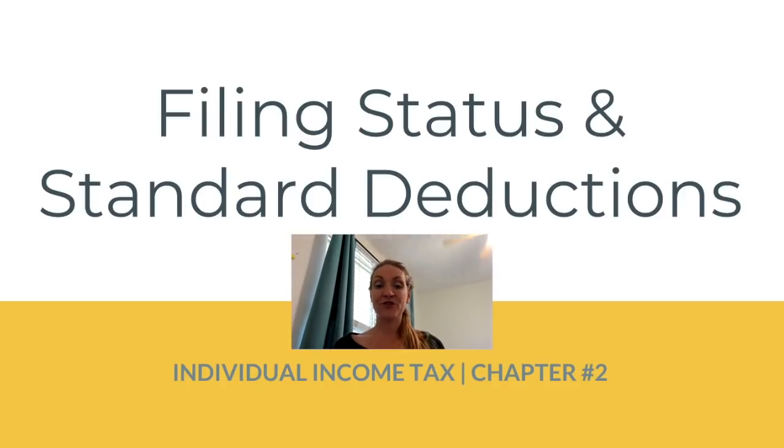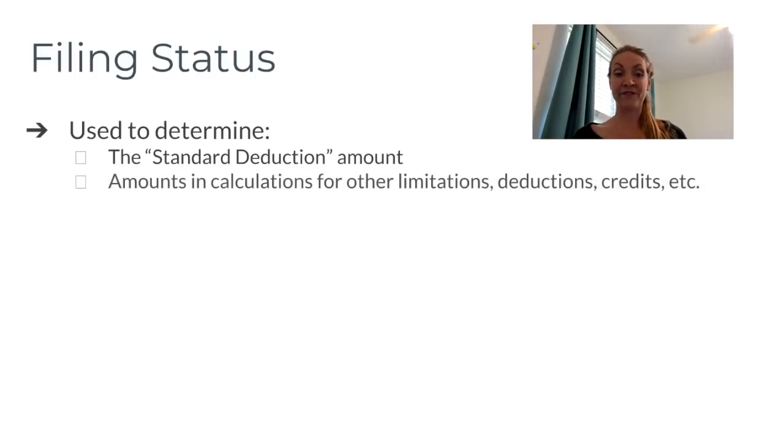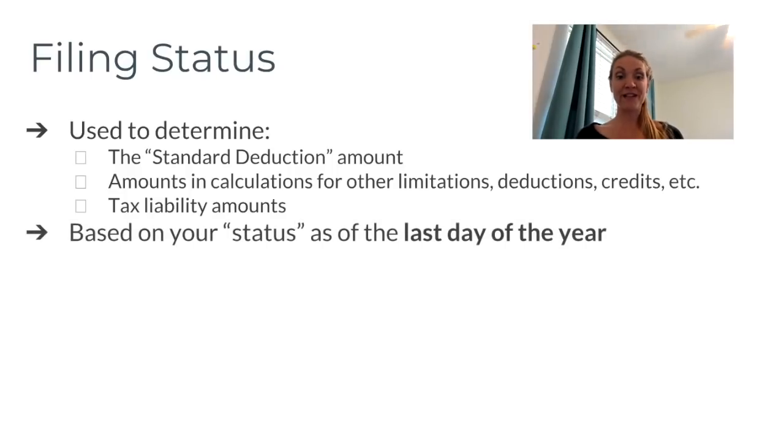Now let's jump into filing status and the standard deduction. So there's a few filing statuses, and filing status is important because it's used to determine many things, including the standard deduction amounts, other calculations for limits, limitations, deductions, credits, and it's used for the tax liability amount to determine the amount of tax.